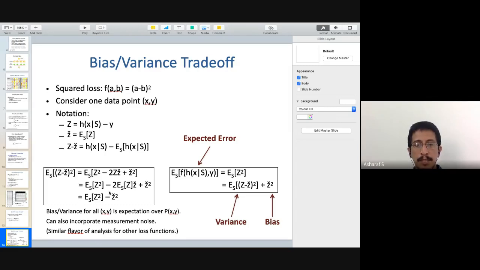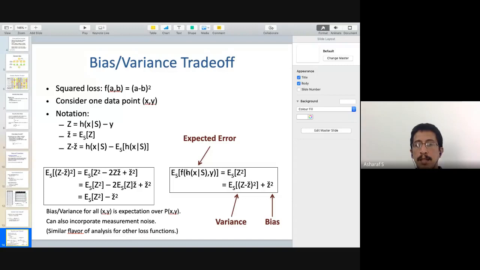The expectation of Z is nothing but Z cap, so it becomes minus 2 times Z cap the whole square, plus Z cap the whole square. So this will be the expectation of Z squared minus Z cap the whole square. That's what it is, if you are taking the expected error.